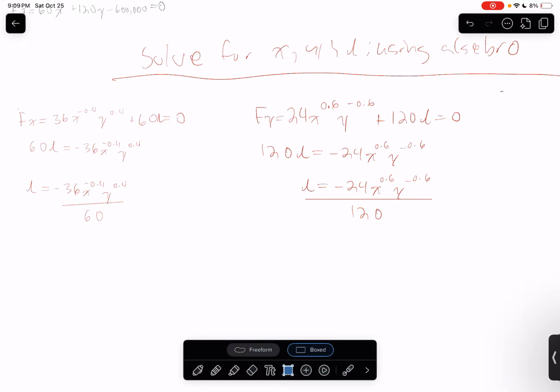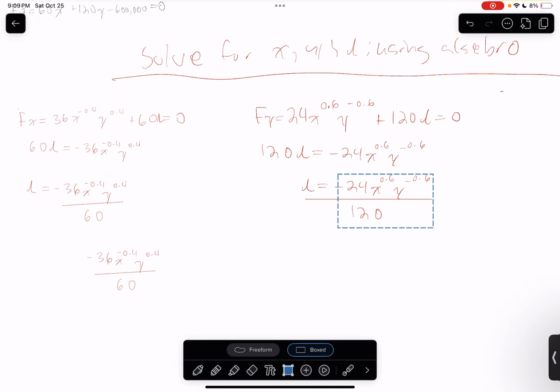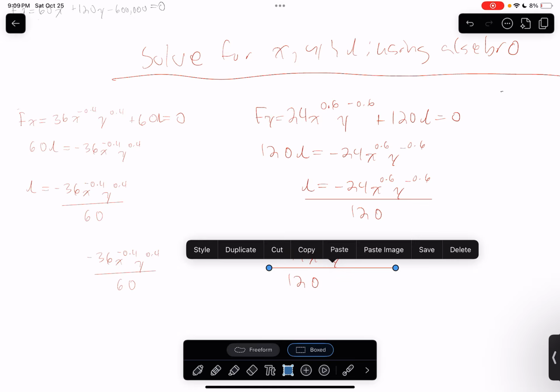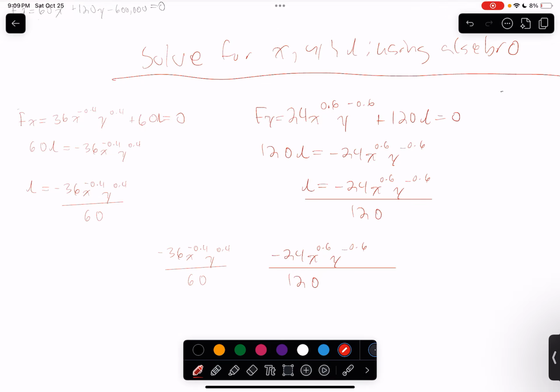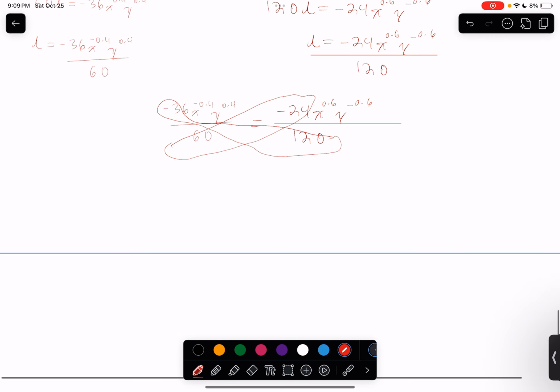So we could simply do something spectacular here. Equate these equations to one another and cross multiply. And this is going to save us a lot of hardship. And when we do that, we're going to have a value of negative 4,320x to the power of negative 0.4 and y to the power of 0.4.